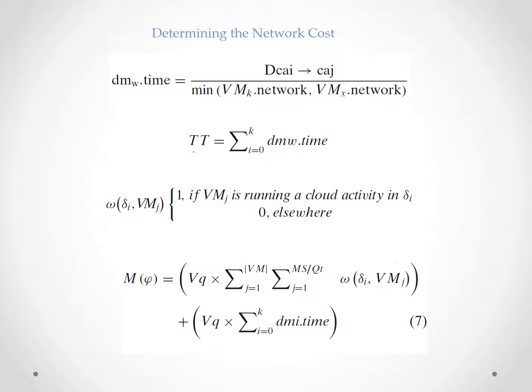Now, the total cost is based on pay per quantum of time in the cloud, which is represented by this. In this, M is the total monetary cost, and it is divided into two parts. This is the first part and this is the second part. The first part is the cloud activities execution cost, and the second part is the data transfer cost, and the monetary cost is the sum of these two.